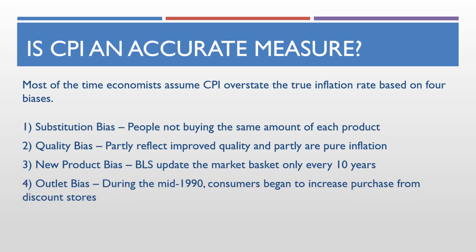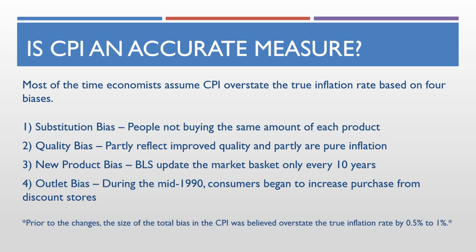Also, what we call outlet bias. This usually refers to the mid-90s, when big outlet malls developed in the United States, where discount products or discount stores were offered to consumers compared to regular-price stores across the country.